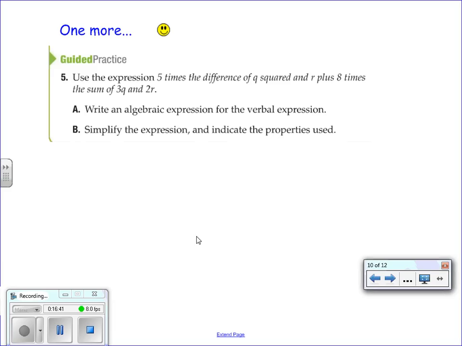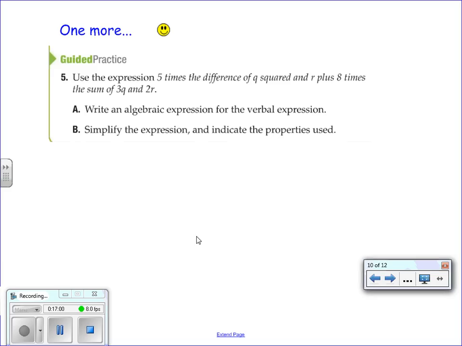Okay, your turn. Try this expression. 5 times the difference of q squared and r plus 8 times the sum of 3q and 2r.